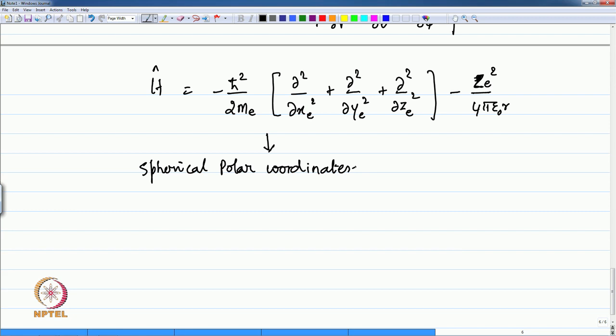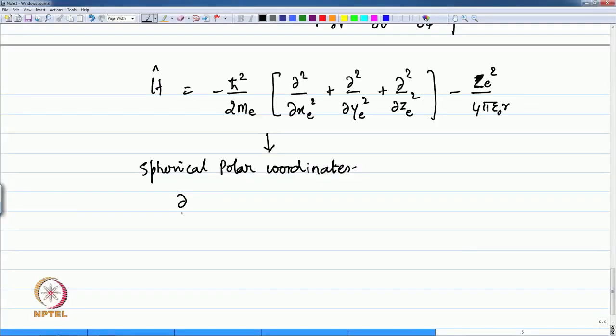Okay. That's not a trivial exercise, but it's not a very hard exercise. The derivatives, for example, dou by dou x of any function of x, y, z, are expressed in another coordinate system like r theta phi.